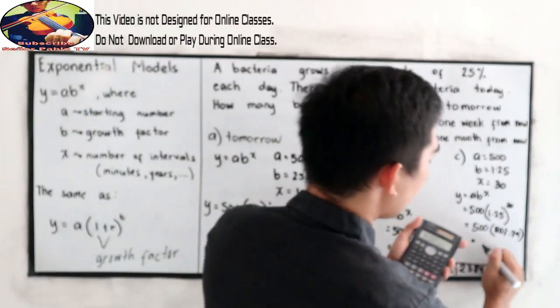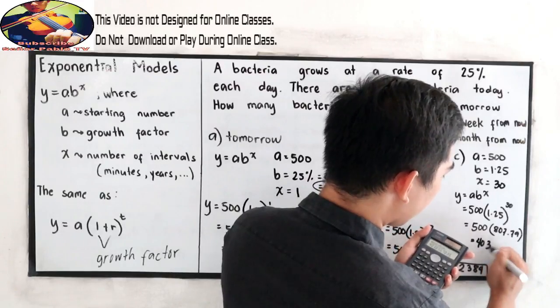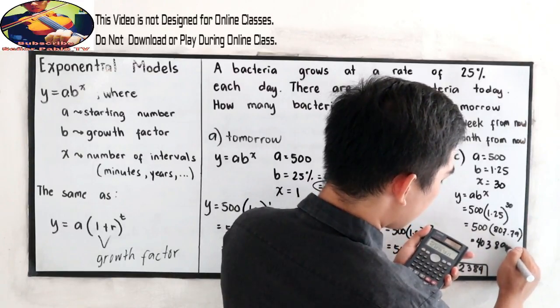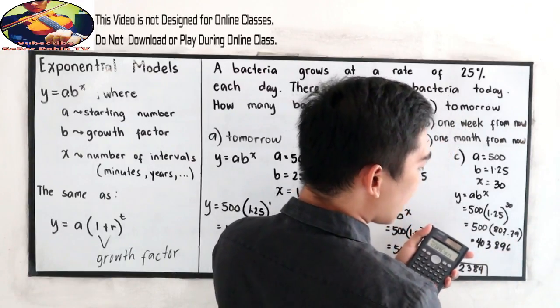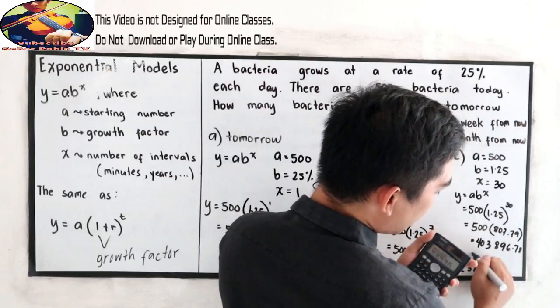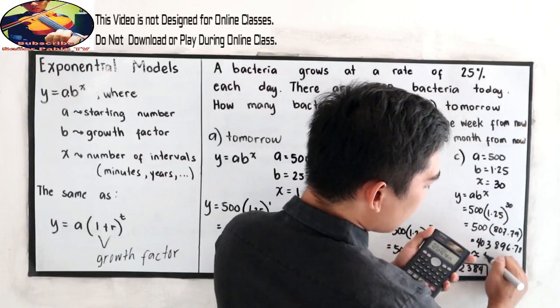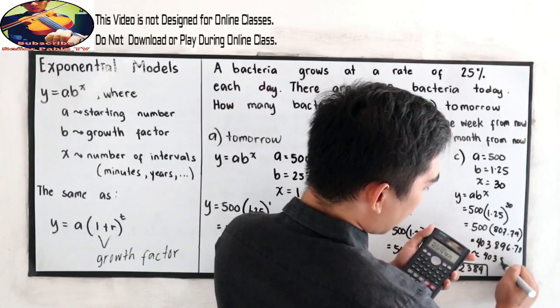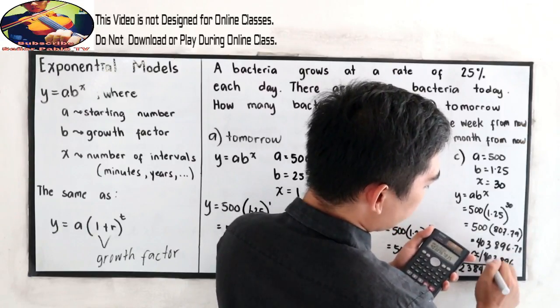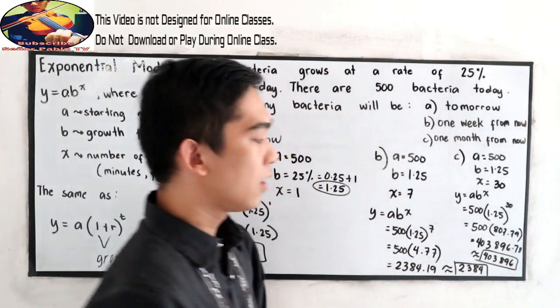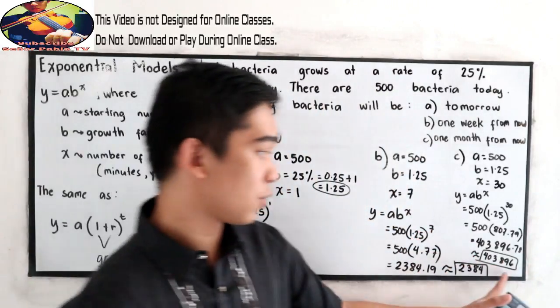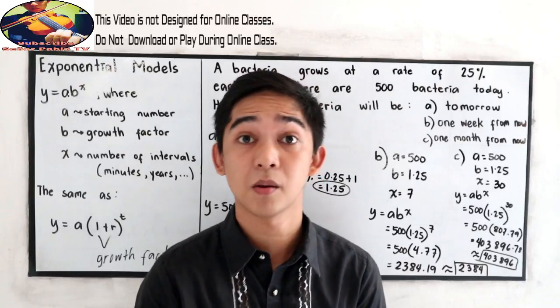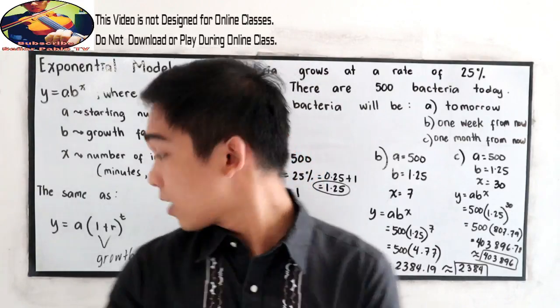That is 403,896.78, or the estimated value is 403,896. Since we are looking for the number of bacteria, this will be the final answer, no decimal places. Okay.